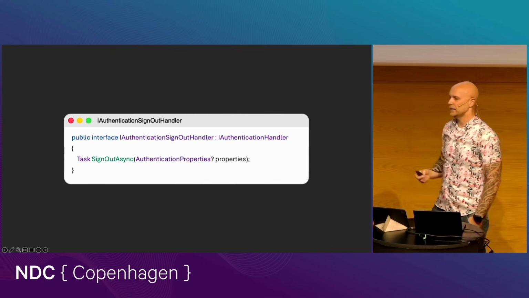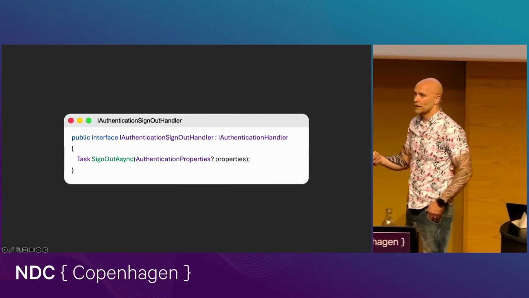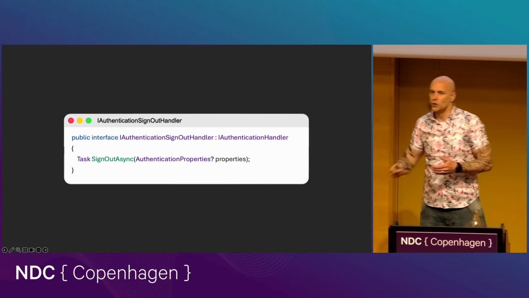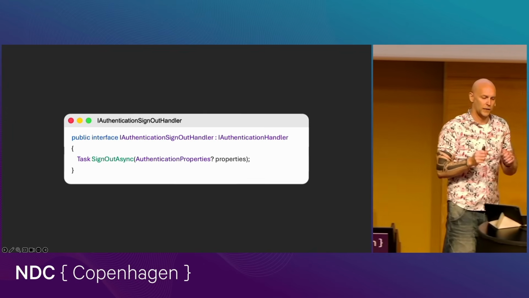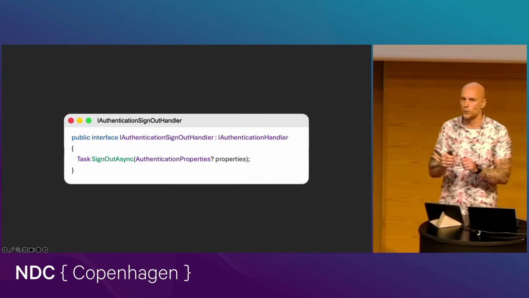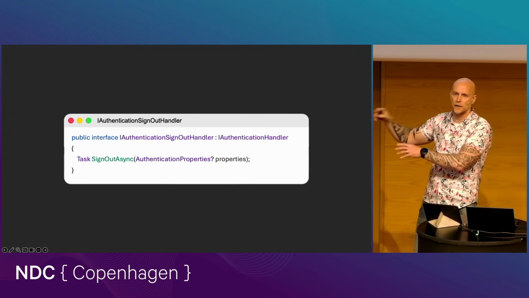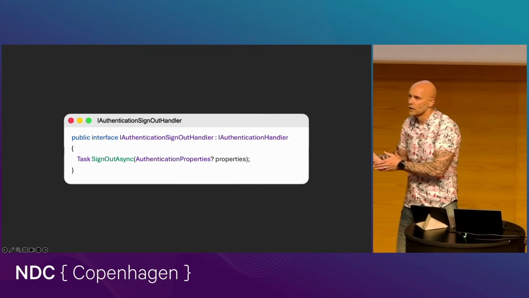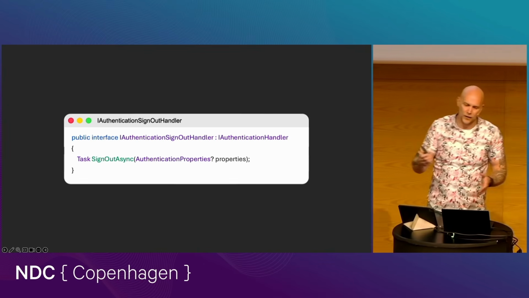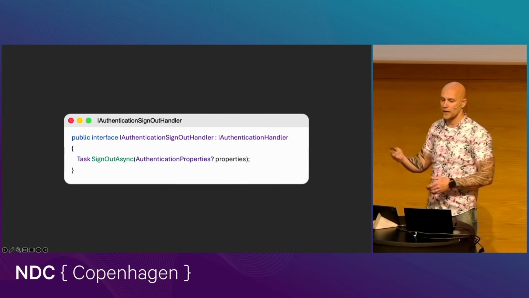And the reason for that is that if you, for example, are building an OpenID Connect provider or anything that's remote authenticated, you're very unlikely to handle the session thing, the sign-in part, but when the user signs out, you probably want to redirect the user to that other thing to cancel their single sign-on session in that end. So it's actually more likely that you implement sign-out than you implement sign-in. So that's why we get authentication handler, and then we get the sign-out handler as the next step.